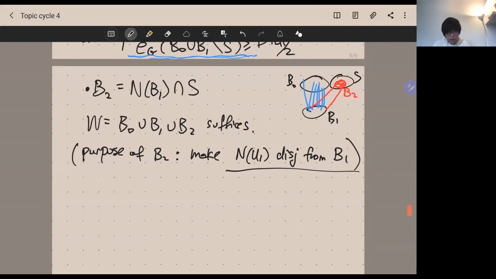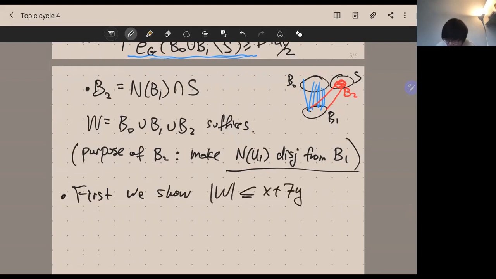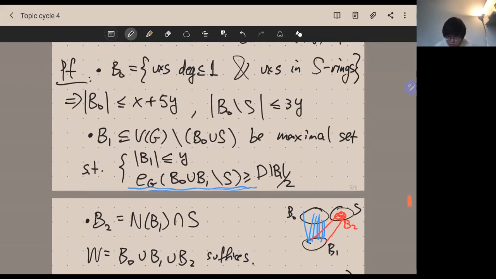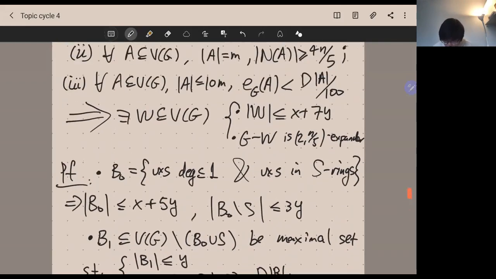So now we need to show that W, equal to the union of these, suffices. First, we're going to bound the size of W. We show that W is indeed at most x plus 7y, okay? Which is here. Where's the statement? Here, right? W is small and the remaining is expanded.